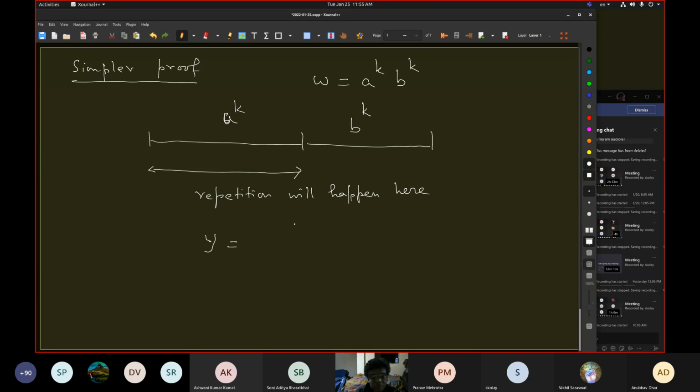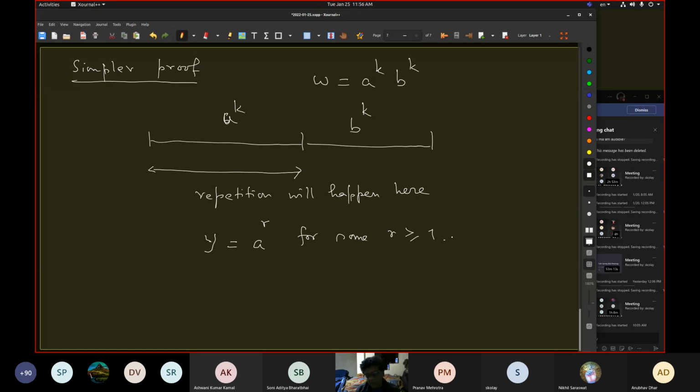What is that? Some a power r for some r greater than or equal to 1. And what does it imply? How does it simplify the proof? You now only consider case 1.